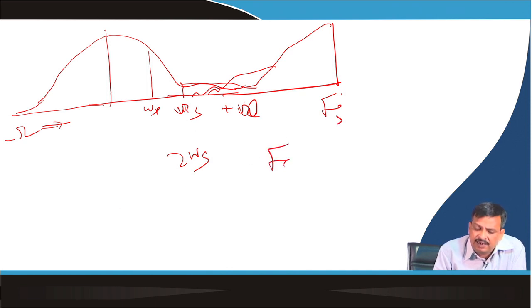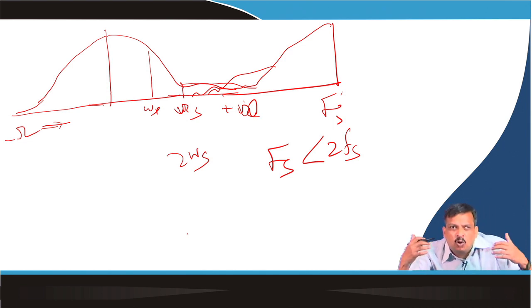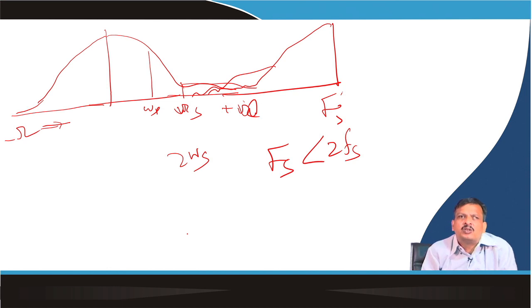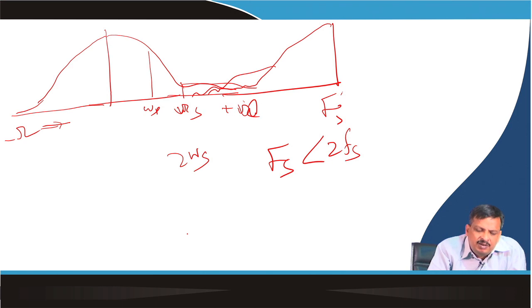If Fs is less than twice the stopband edge frequency, then I can say both filter stopbands will overlap in nature. So aliasing will happen, and I cannot design a filter where there is aliasing.